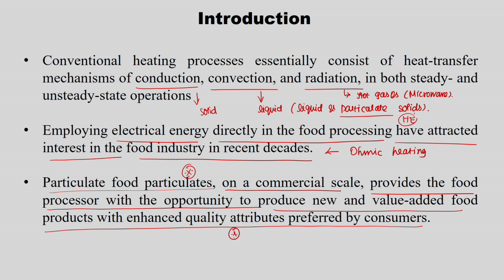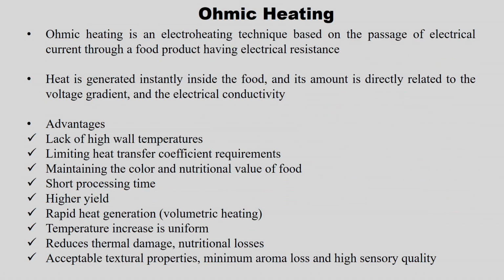These kinds of restrictions can be relaxed in ohmic heating. So it is especially designed to handle food which has particulate solids, and it is proven commercially to enhance the quality attributes of food materials.